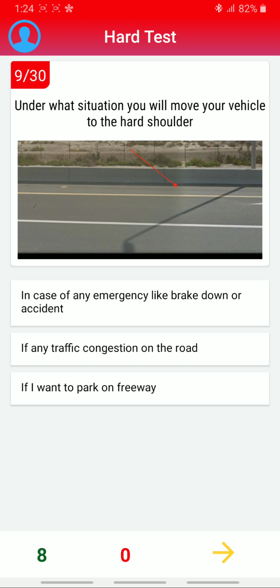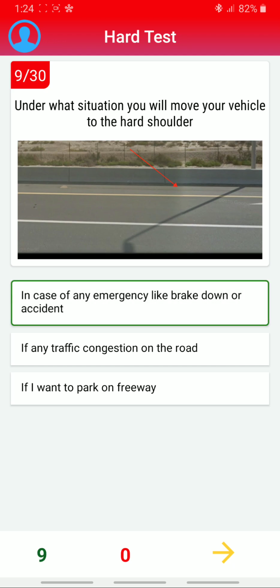Because the hard shoulder is always for emergency purposes, like fire brigade vehicles, they can move on in an emergency. You don't need to cover that area. And police and ambulance vehicles can move on in any situation. So the first answer is correct.